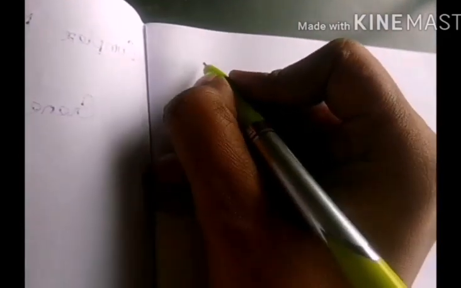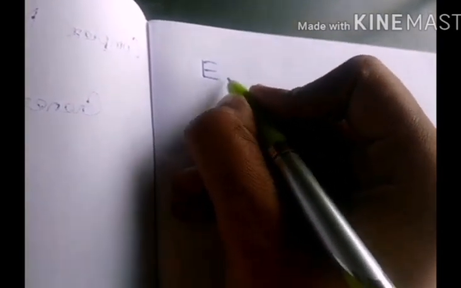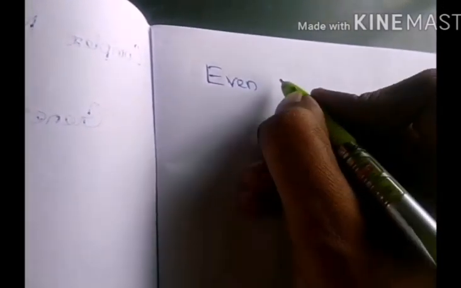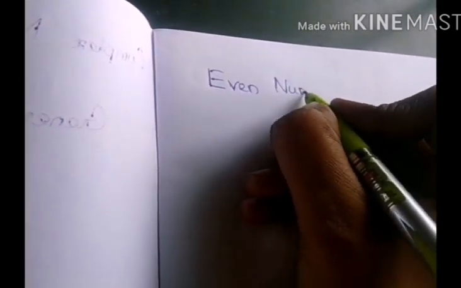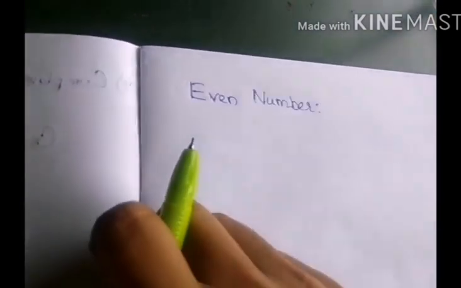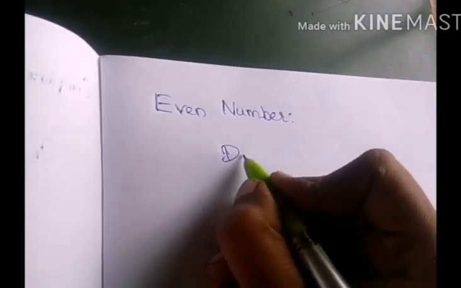Now I'll be teaching you a few more numbers apart from this number system. First comes even numbers. Even numbers are numbers which are divisible by 2.